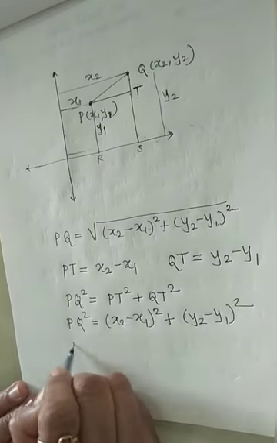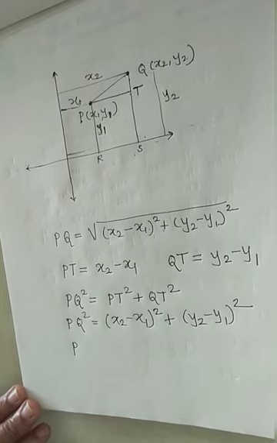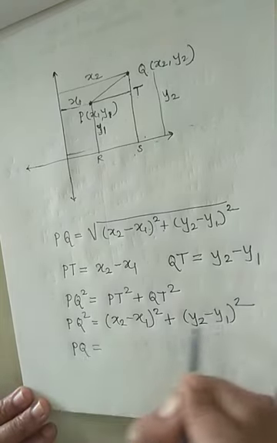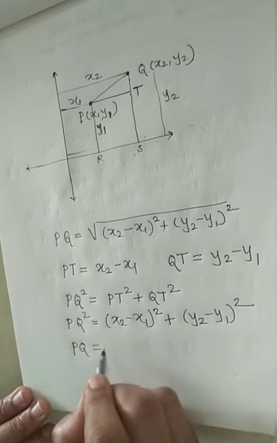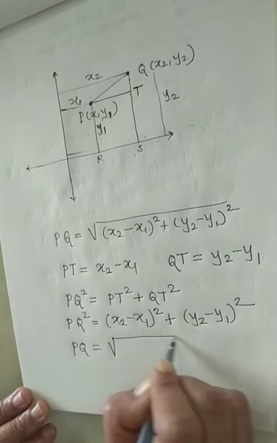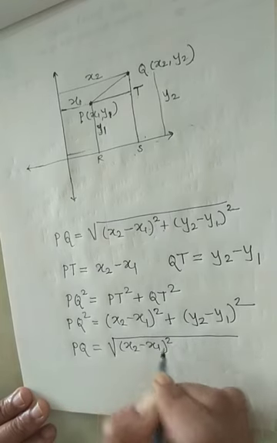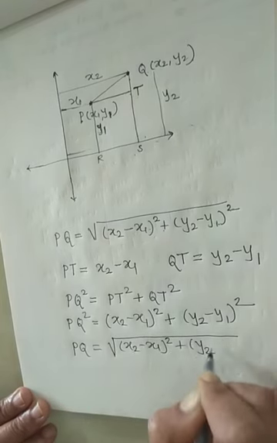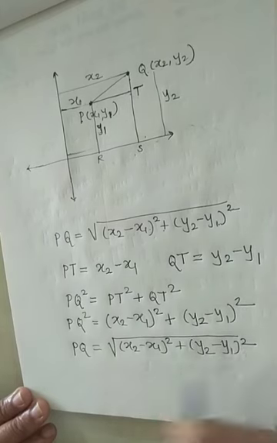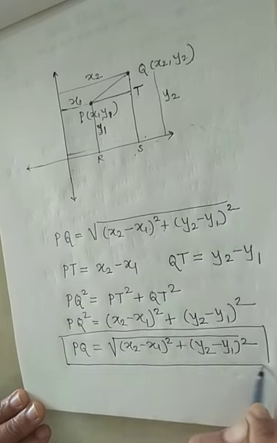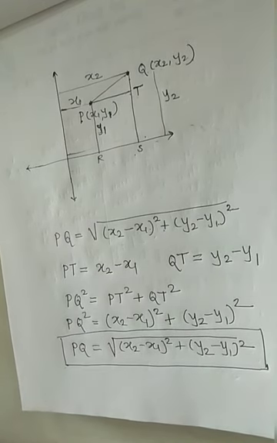Now we want the distance between these two points P and Q. So PQ is equal to, as we are taking the square root on both sides, under root (x2 minus x1) whole square plus (y2 minus y1) whole square. And this is our distance formula to find the distance between two given points.